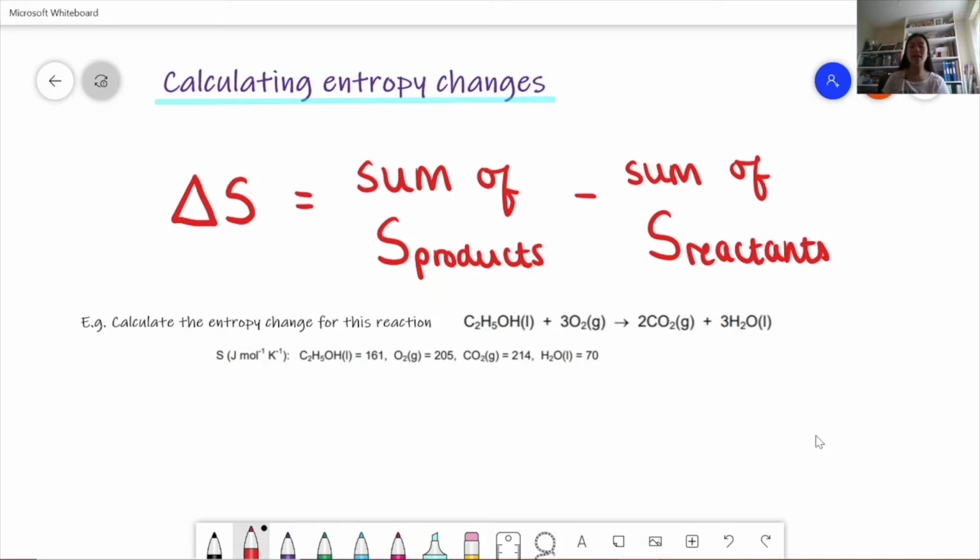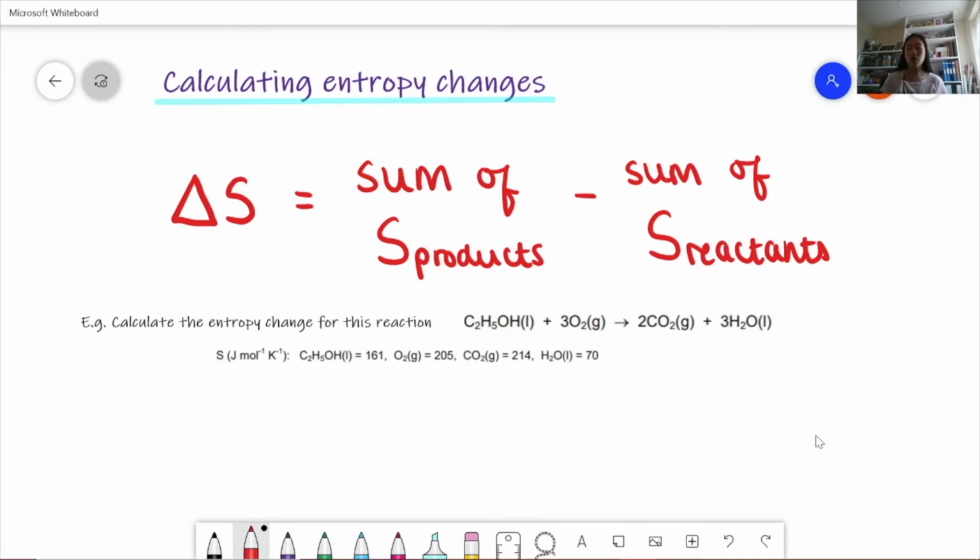Now we're going to see how to calculate entropy changes, and we use this formula. So delta S stands for change in entropy, and it's equal to the sum of the entropy of the products minus the sum of the entropy of the reactants. And so from this, we can see that in reactions when there is an increase in entropy, the delta S is positive because the reactants will have less entropy than the products.